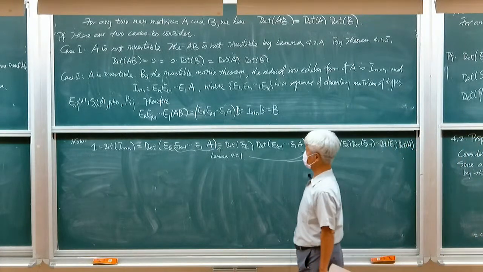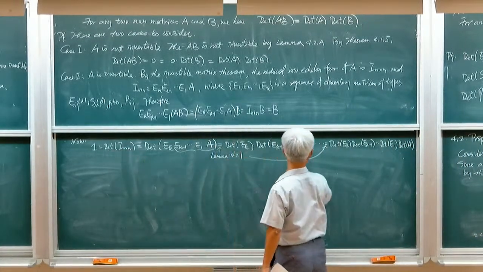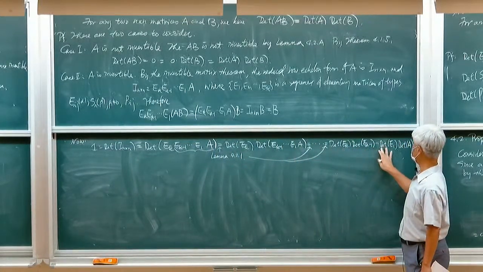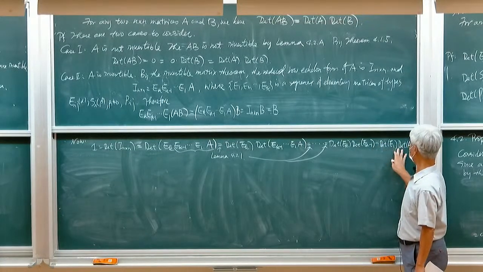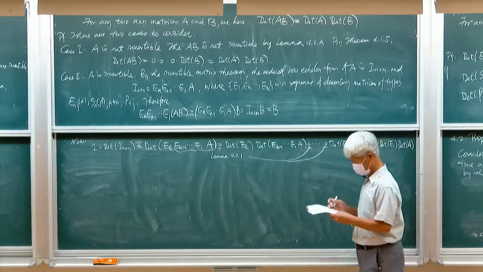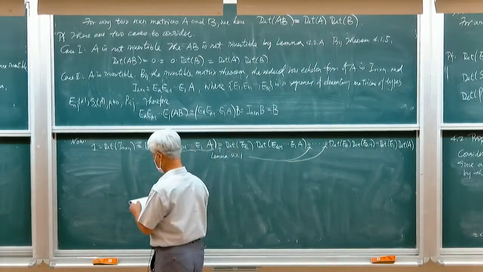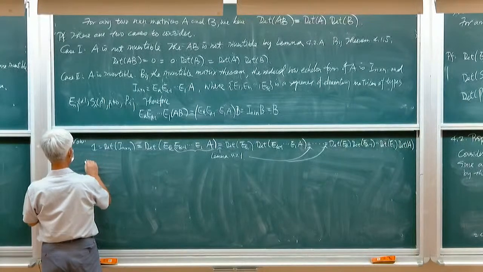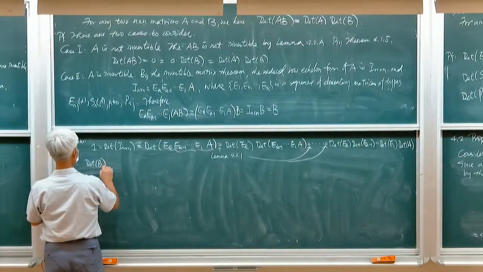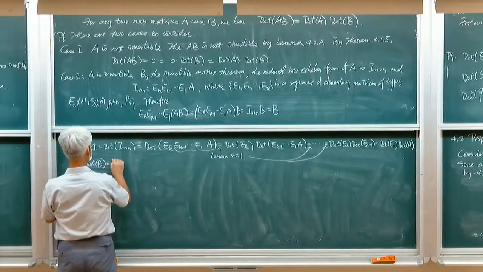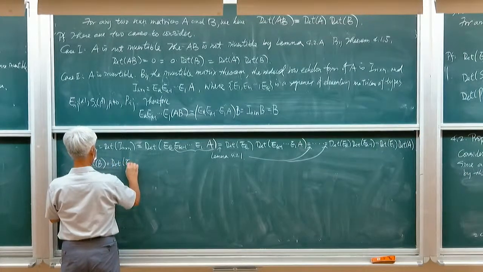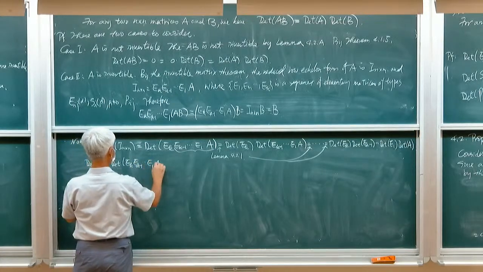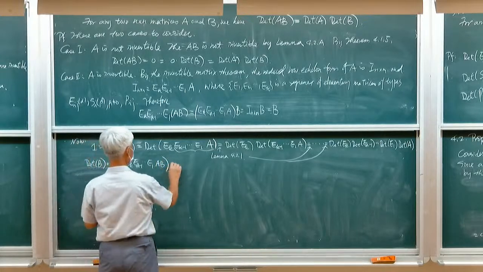So 1 is equal to the determinant of E_k times the determinant of E_{k-1} times etc., the determinant of E_1 times the determinant of A. And similarly, the determinant of B comes to the determinant of E_k, E_{k-1}, ..., E_1, AB.